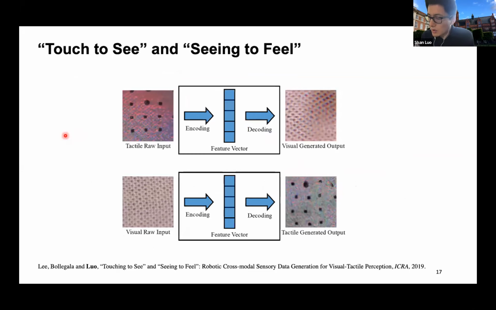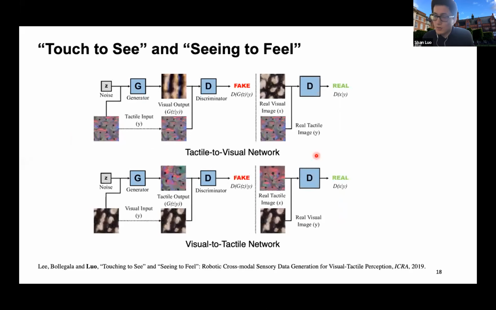So here's a work where we have attempted cross-modal perception. We have these tactile inputs and we generate the pseudo visual output, and also vice versa. We use generative models to generate the pseudo data from another modality.